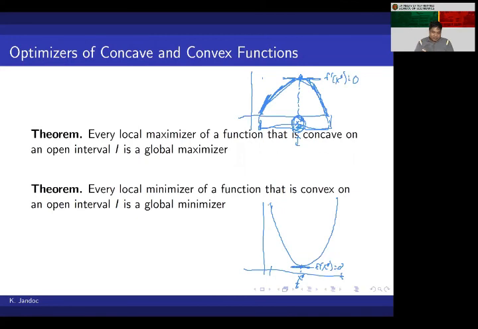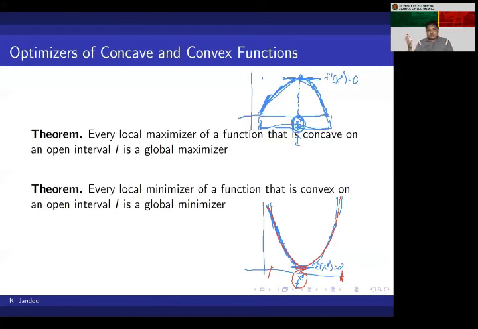So the tangent lines here are negative, so the function is decreasing, decreasing, decreasing, until you go to the point x star where it's 0, then it starts to increase. So you start decreasing in this part of the function until you reach x star, and then the function continues to increase as you move away from x star. So therefore, x star here is also a global minimizer in this domain over here.